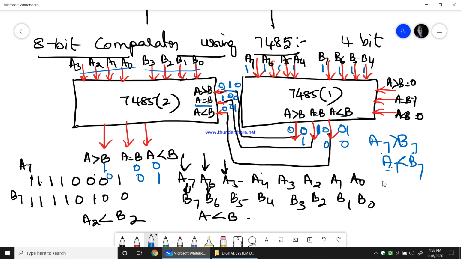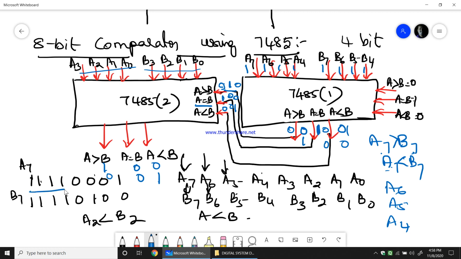So this will be the same for A6, A5, A4 also, because all these bits are there in this IC. Whichever is greater or lesser, based on that it gives the output, and the output is connected to this cascading input. Only when these MSBs are equal, then B0 to B3 and A0 to A3 will be compared. Based on that comparison, you will get the output.